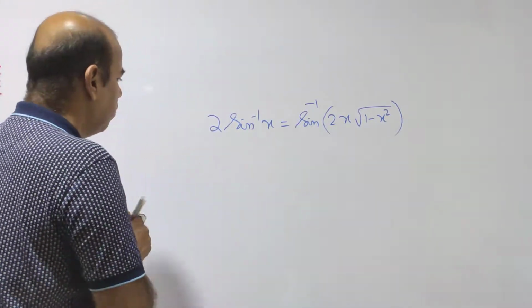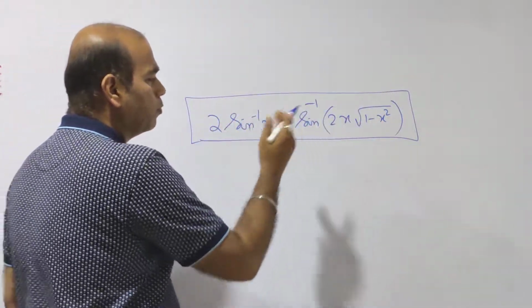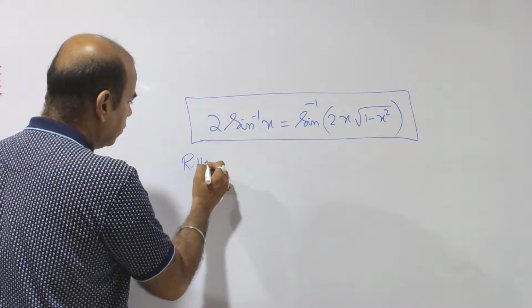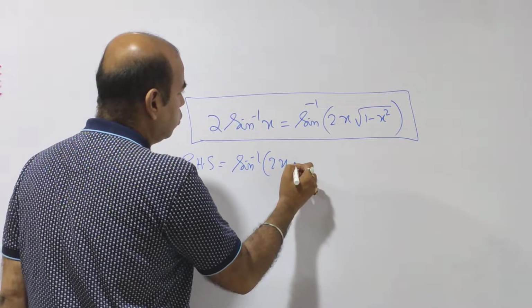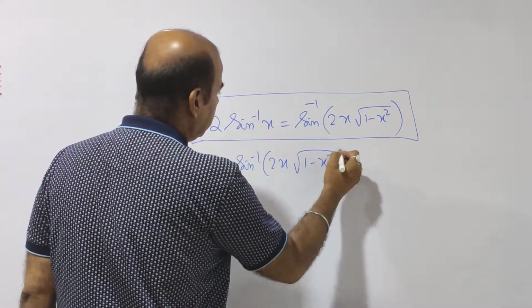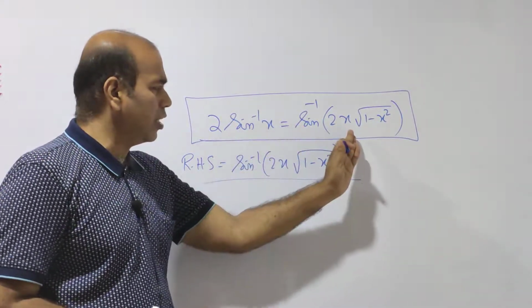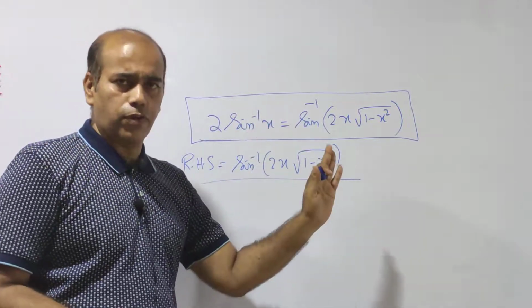Now let me see how we get this. How do we prove this? I am considering the RHS, sine inverse of 2x root over 1 minus x square. So for proving this relation, 2 sine inverse is the direct formula.